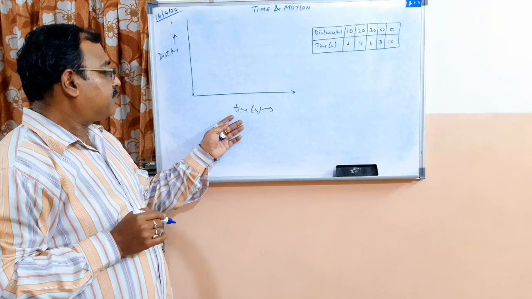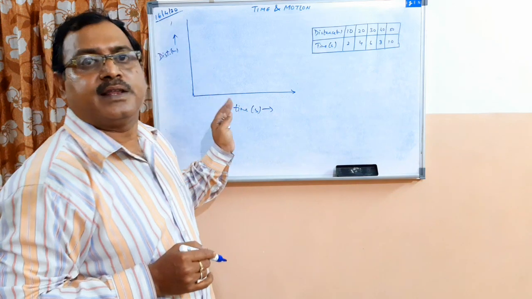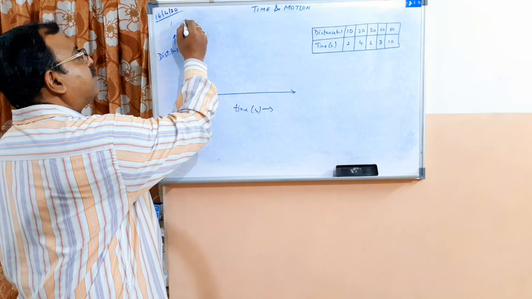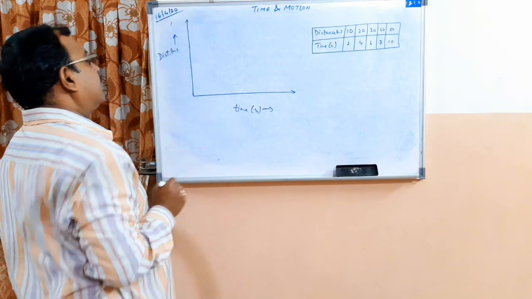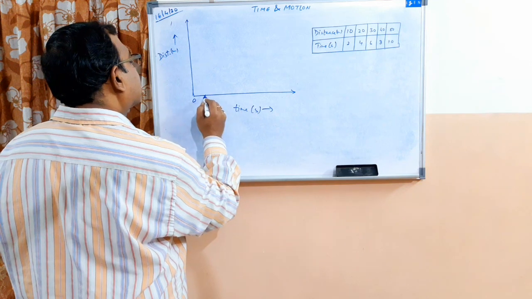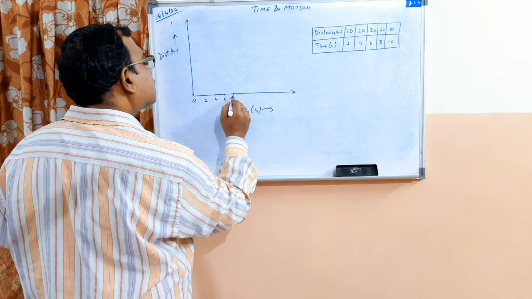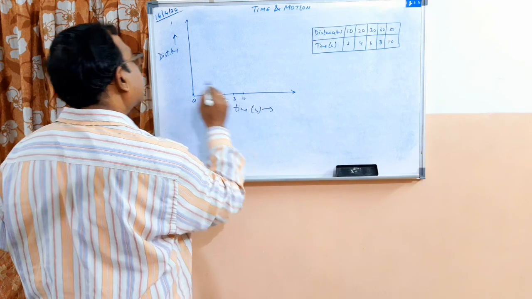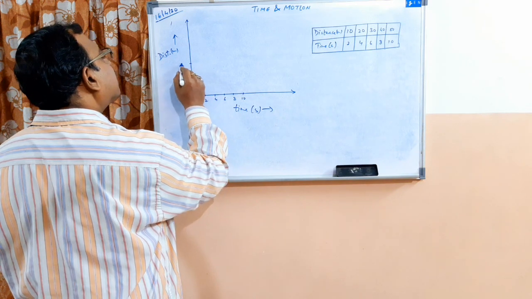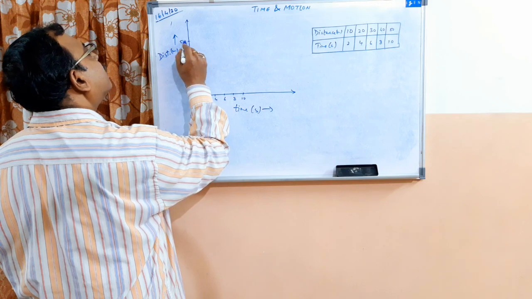Now time is taken in the x-axis because time is independent variable. Distance is taken in y-axis because distance is dependent variable. Now this is 0. Say this is 2, 4, 6, 8, 10. Here it is 10 meter, 20 meter, 30 meter, 40 meter, 50 meter.